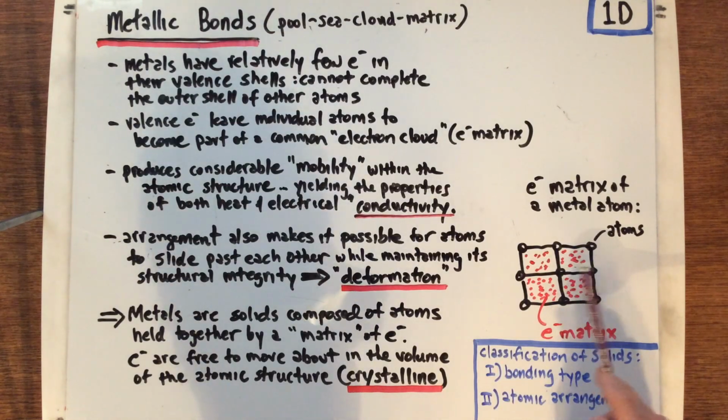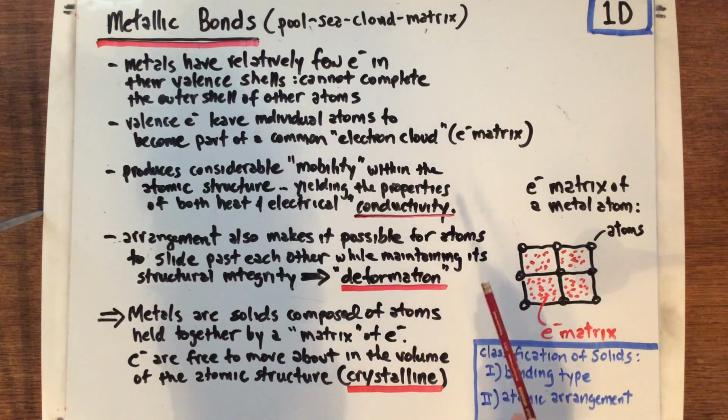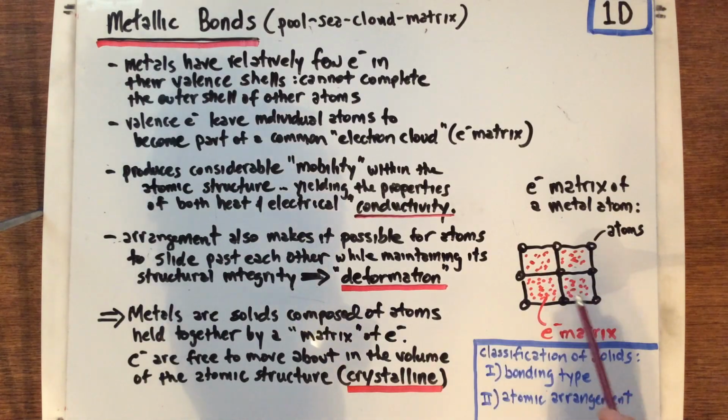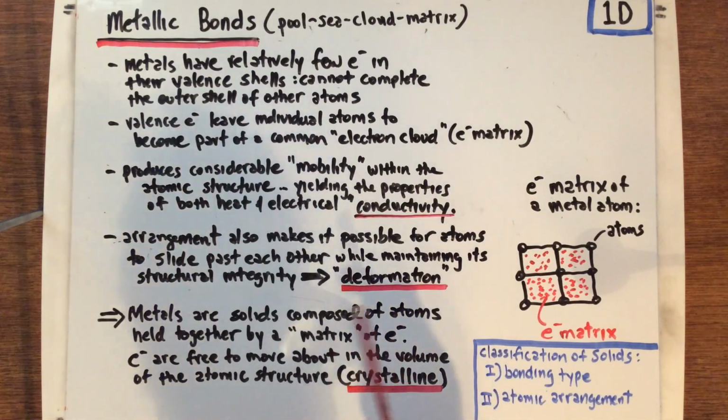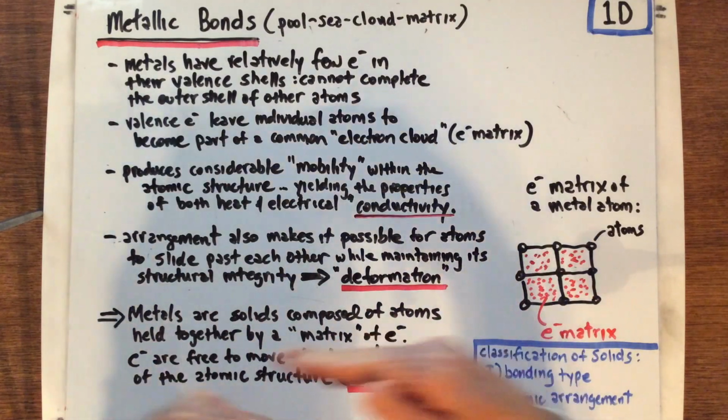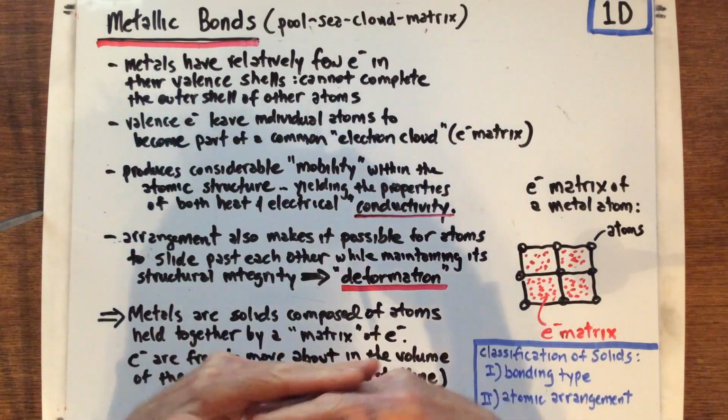So you can see they're very mobile in here, and the atoms are free to move about, so to speak. It is also because of this property that these electrons are inside there and can move around. This arrangement also makes it possible for the atoms to slide past each other while maintaining structural integrity.